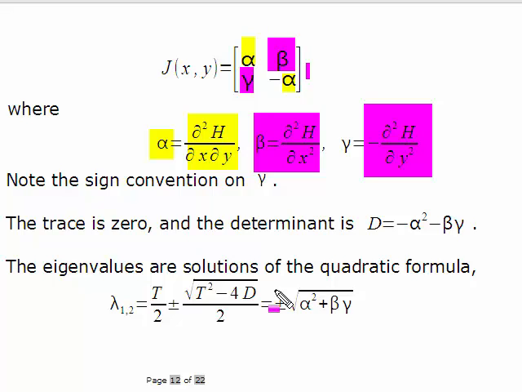What is the trace of this matrix? It's 0, and the determinant, you can work that out, is minus alpha squared minus beta times gamma. So we can plug that into the quadratic formula. Here's a typical quadratic formula from chapter 2. The trace is 0, so this term is gone, and now we can work this out right here.